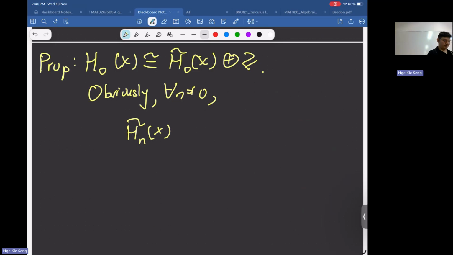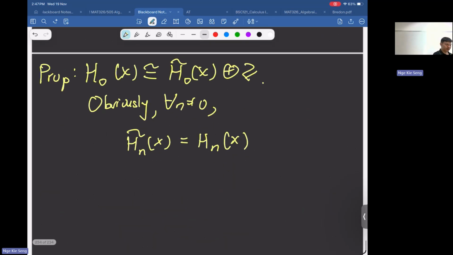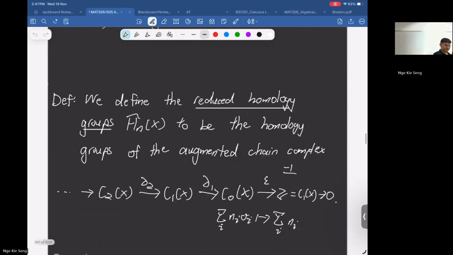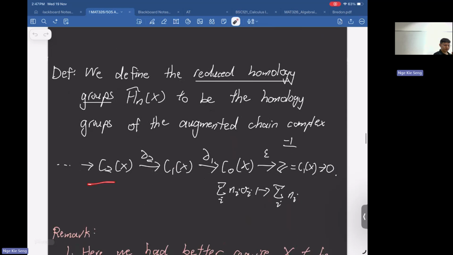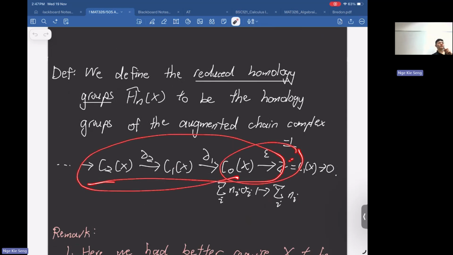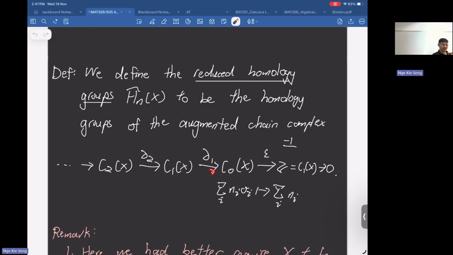So they should be not just isomorphic but the same, because the map didn't change. No change here, just that I add something extra at degree 0. For the rest, there's no change. So we want to deal with this degree 0 part here.